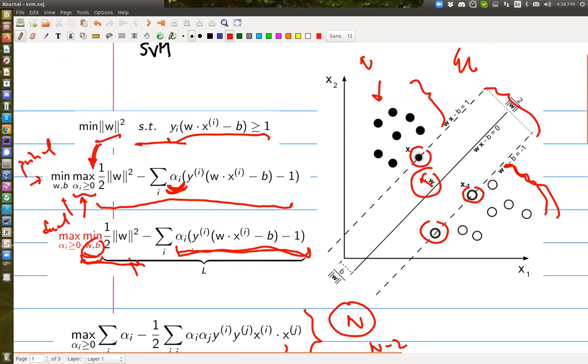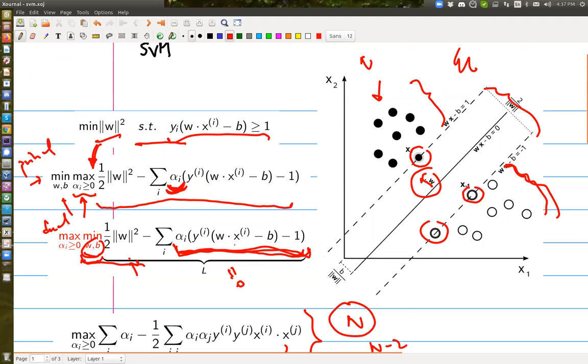I'm not going through this again, so you can go back to our previous lecture if you forget how we get that. But we have this complementary slackness condition, so for all i this product is equal to zero for the optimal alpha i, W, and B.